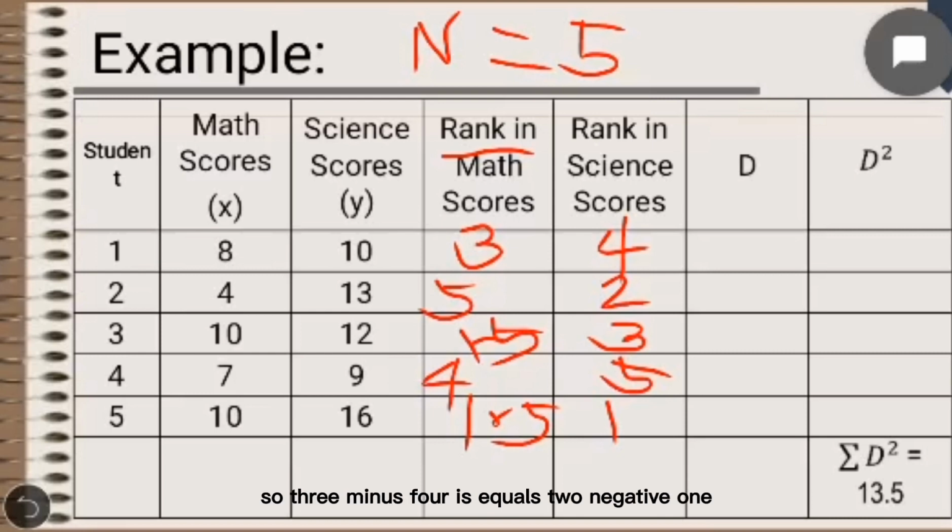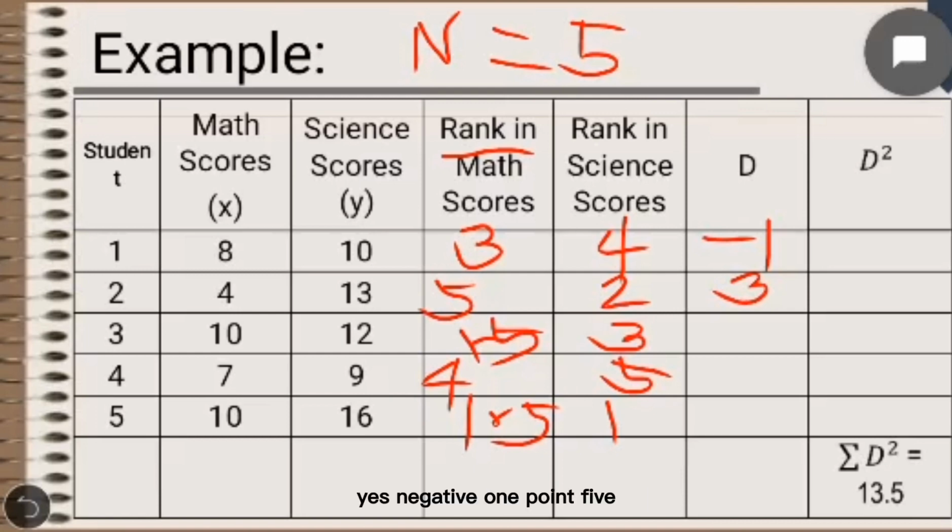So 3 minus 4 is equals to negative 1. Then 5 minus 2 is of course equals to 3. Now 1.5 minus 3 is equals to negative 1.5. Tama ba?